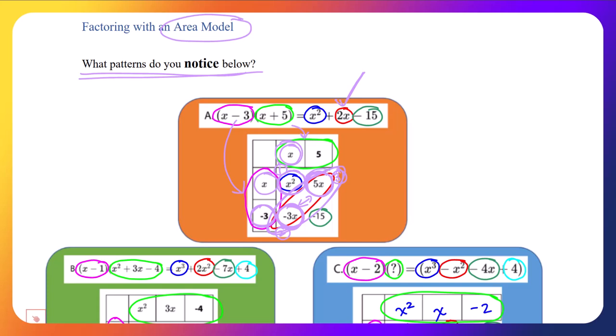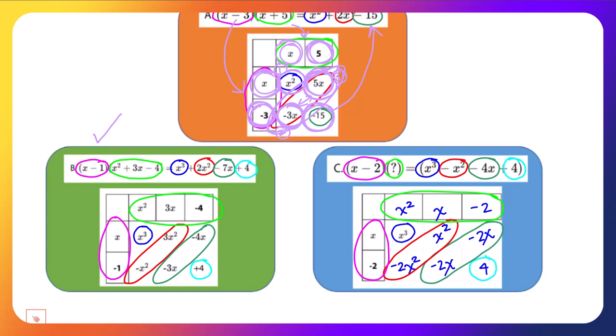And then we notice this 5x fits the 5 times x, and once we have this 5, we can do 5 times negative 3 and get negative 15, and sure enough, that's the last term. This example also gives us the numbers filled in. Let's try the one over here where there are some blanks. True, they're already filled in, but let's see the order that we came up with.